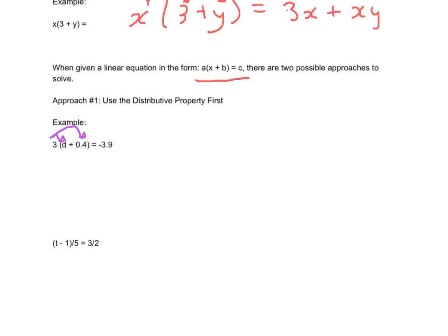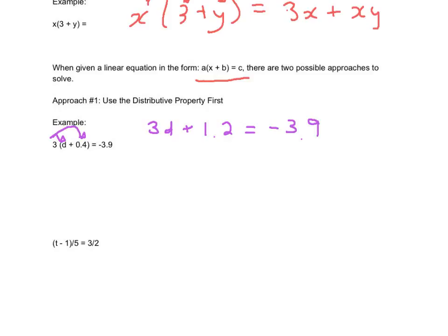So 3 times d is 3d, okay, and then plus 3 times 0.4 is 1.2, and all that's going to be equal to negative 3.9.